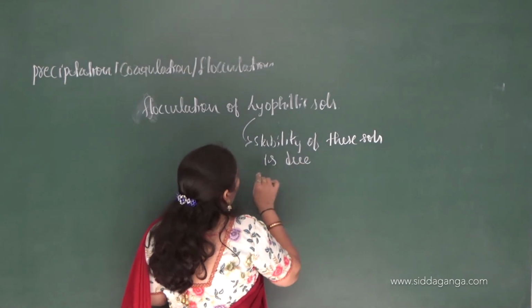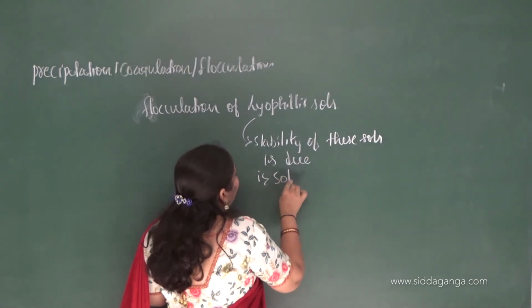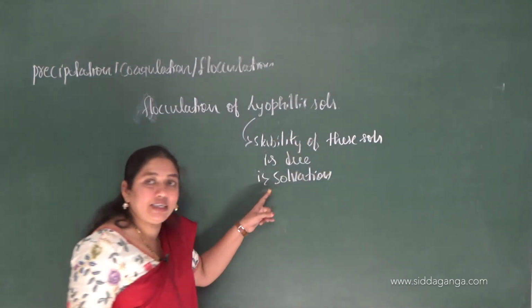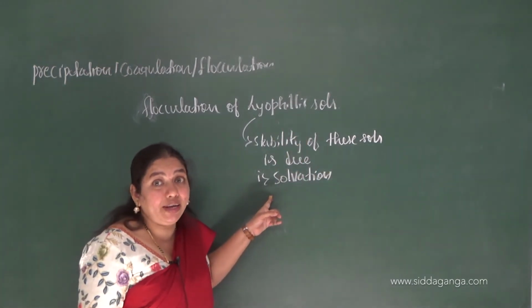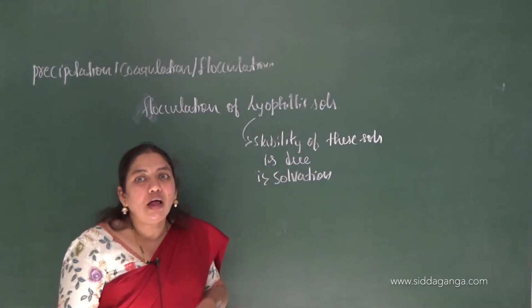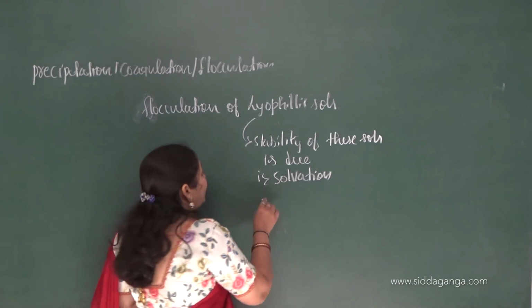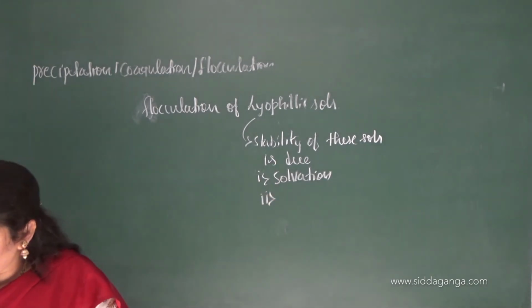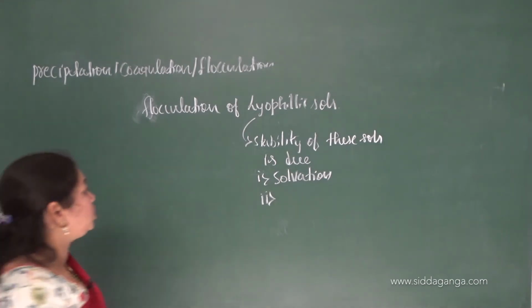One is its high degree of solvation, because it is lyophilic. That means it has a higher affinity towards the solvent; it is solvent loving. And one more point responsible for this is its charge.